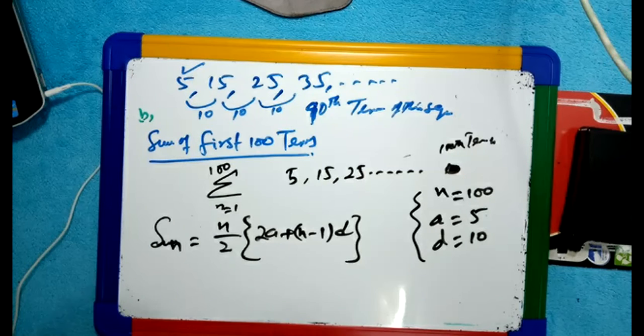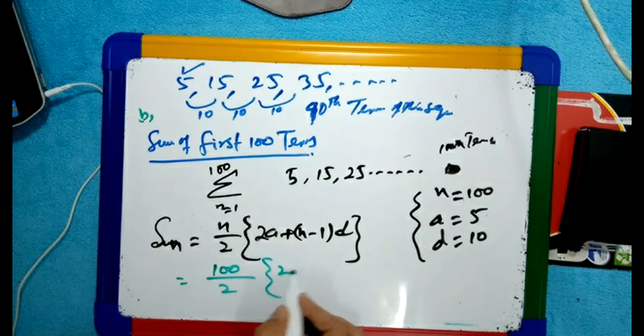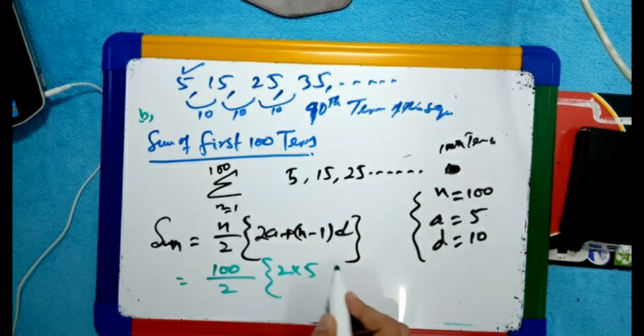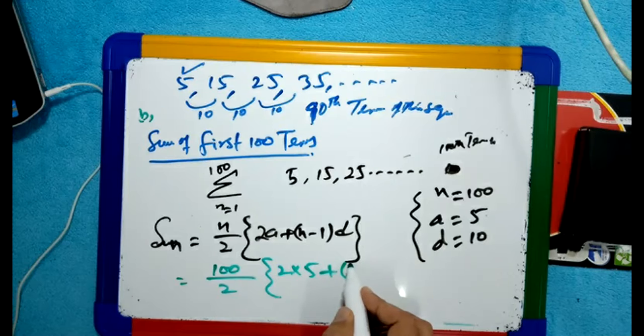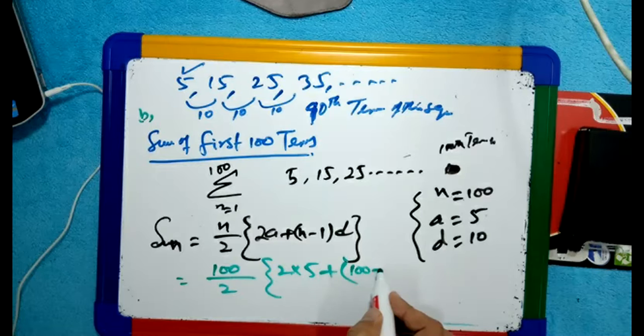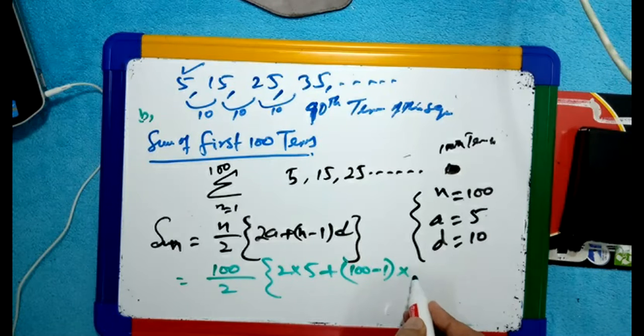So what do you do? n is 100, so 100 over 2. 2 times a, and a is 5, so 2 times 5. Then n is 100, so 100 minus 1, and D is 10.